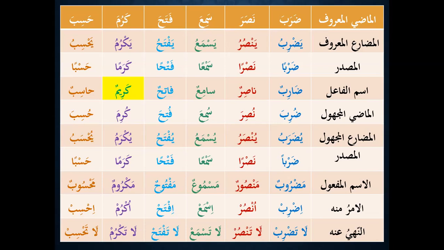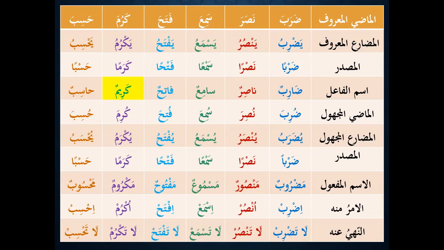And اسم الفاعل is on the scale of فاعل, except for باب كرم, which is a lazim bab, lazim being intransitive, where the doer and the verb together constitute a complete sentence. It does not need any external agent, any object to bring about the action.